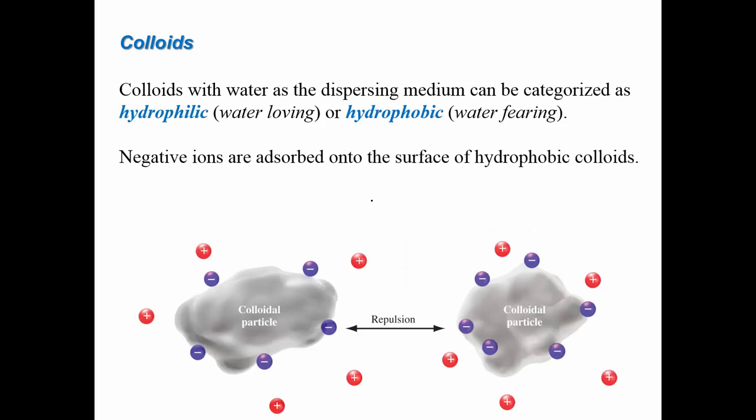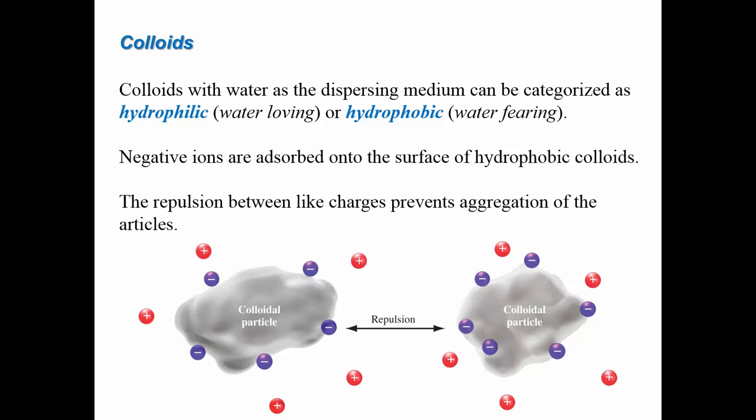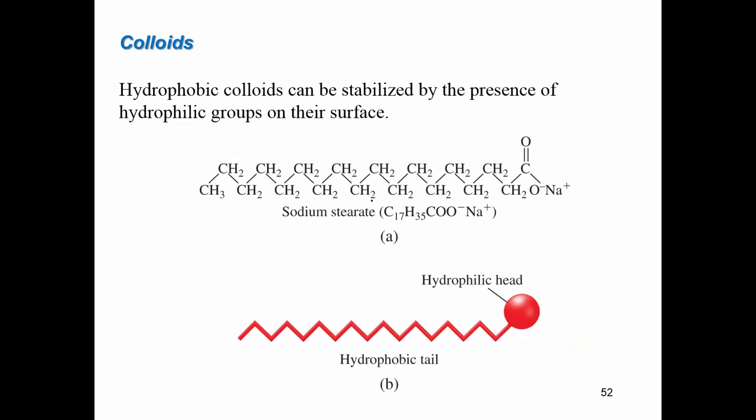Negative ions tend to be adsorbed onto the surfaces of hydrophobic colloids, and then you get a repulsion between like charges, and that prevents the aggregation. So you have this suspension rather than any of these colloidal particles aggregating and then falling out of solution as a precipitate.